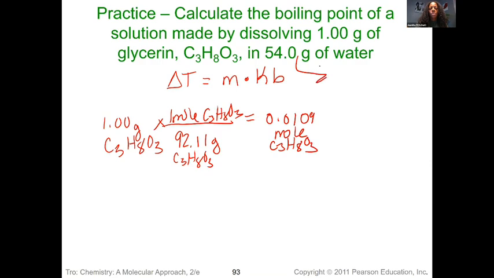For our kilograms of solvent, we take the water, that 54, and divide it by 1,000. That would give us 0.0540 kilograms. So then our molality is going to be that mole value divided by our kilogram value.